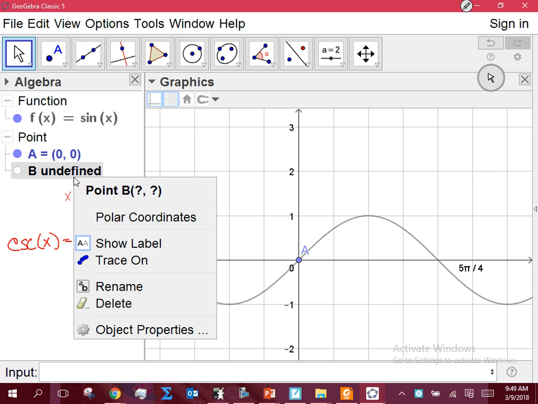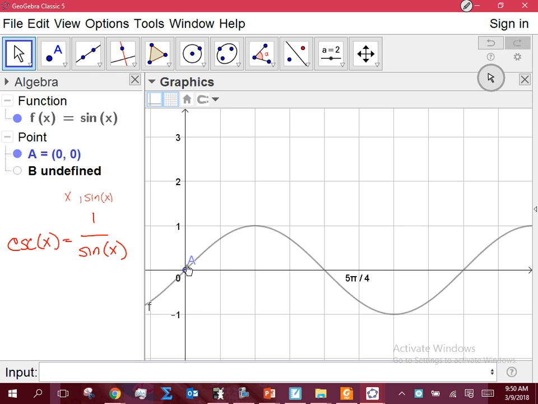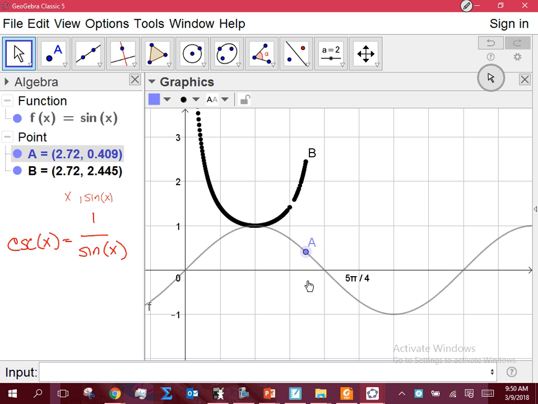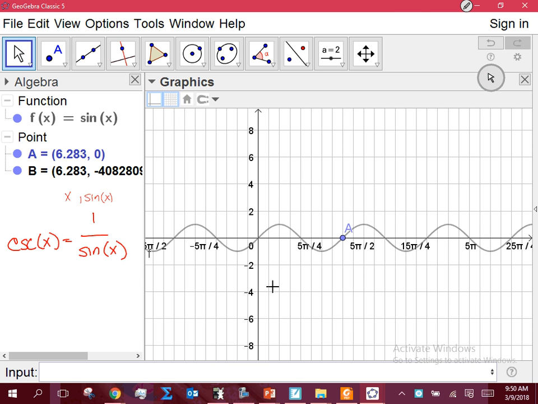If I ask this to trace B as I move A, that curve right there is half a period of the cosecant. There's your other half. Okay, so I'll zoom out here a little bit so you can see it a little bit better.